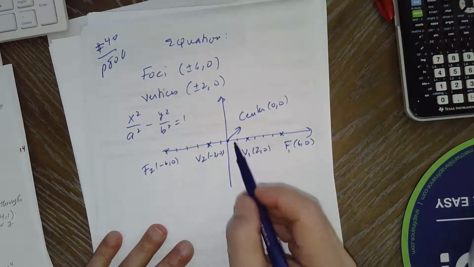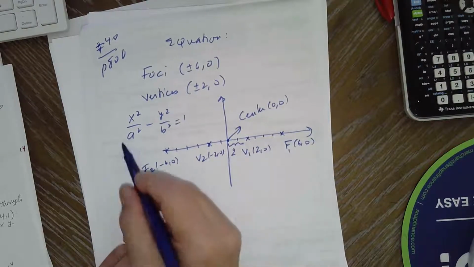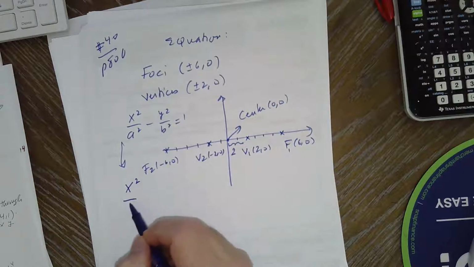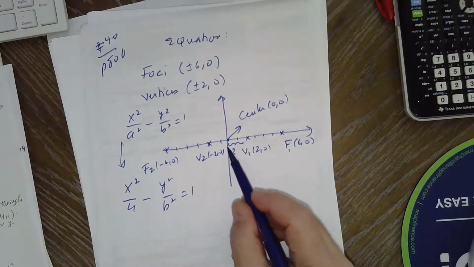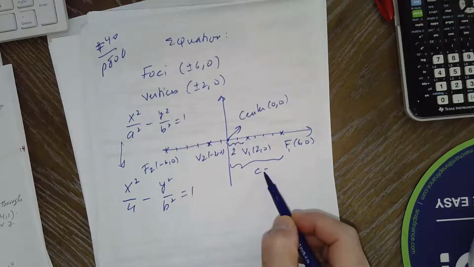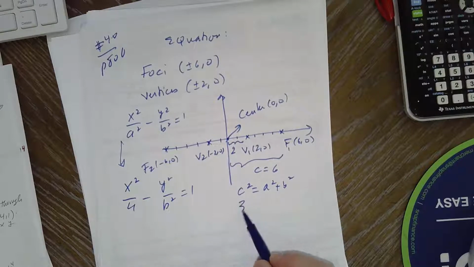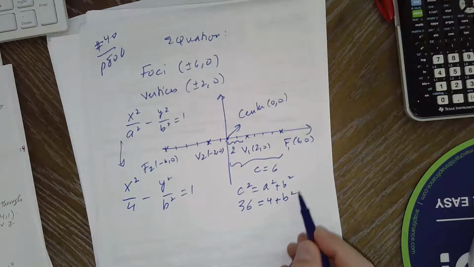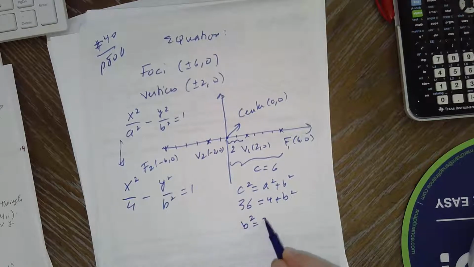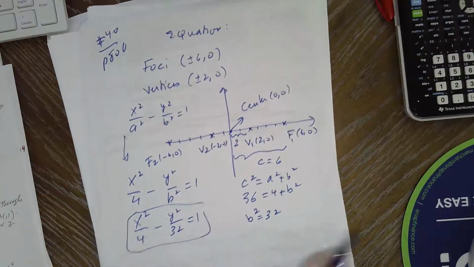A is the distance between the center and the vertex, so a is 2 and a squared is 4. We still need b squared, but we have c. C is the distance from the center to the focus, so c is 6, and we use that formula. 36 equals 4 plus b squared, so b squared is 32. So x squared over 4 minus y squared over 32 is 1.